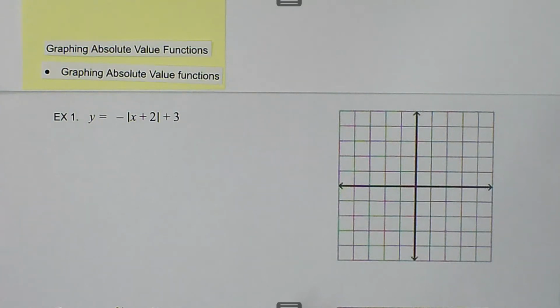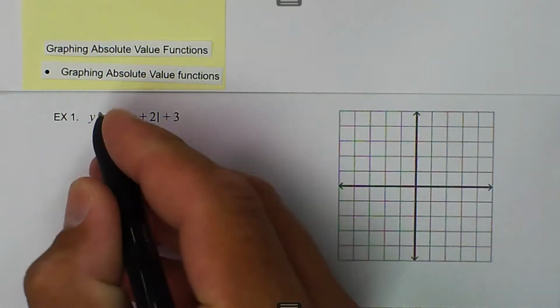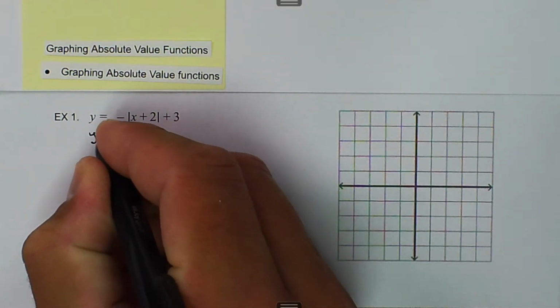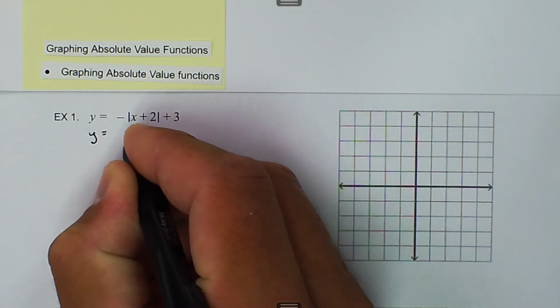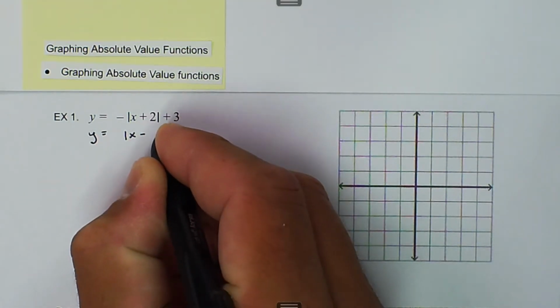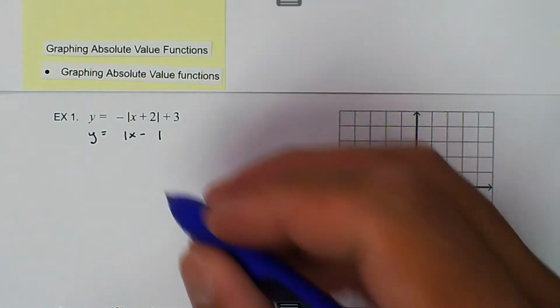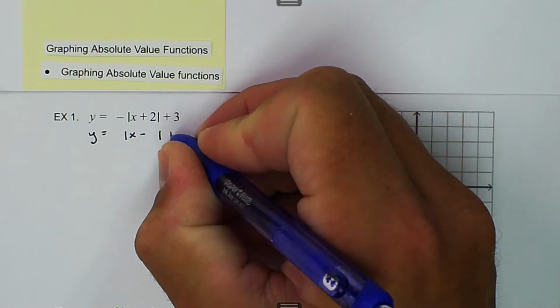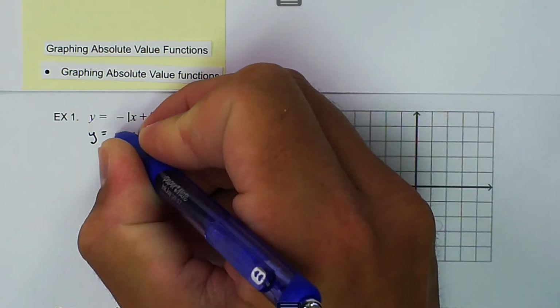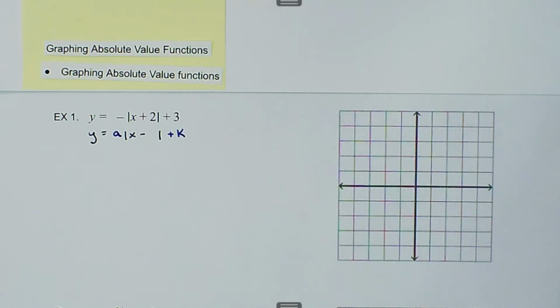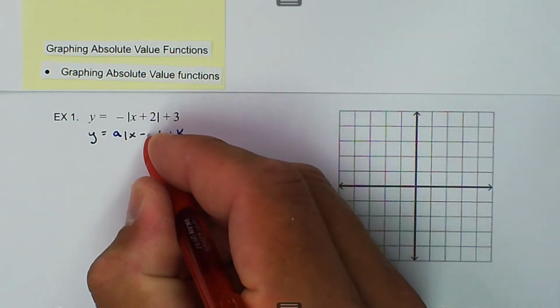We are graphing absolute value functions, and here we have example 1, y equals negative times the absolute value of the quantity x plus 2, and then plus 3 at the end. So we have y equals a times the absolute value of x minus h, plus k, and we know that we have an a value and an h value.